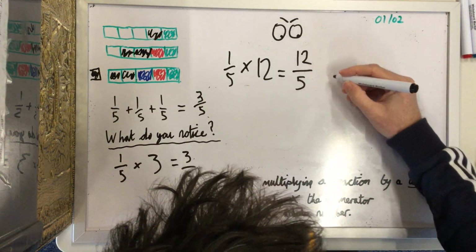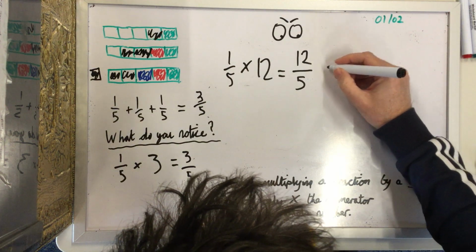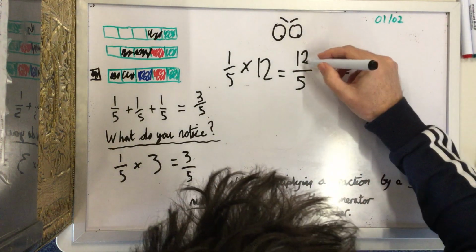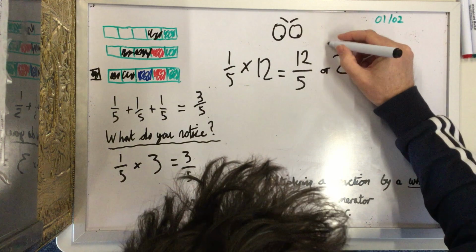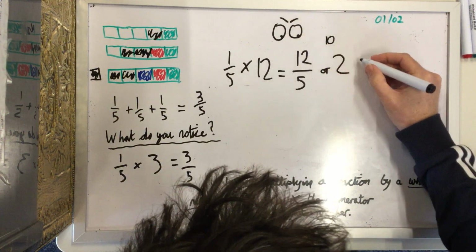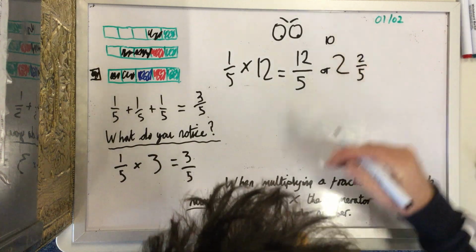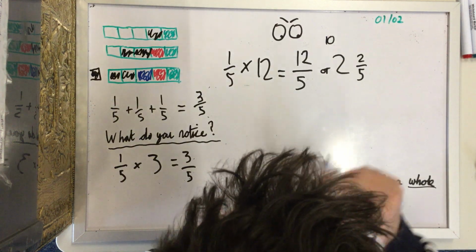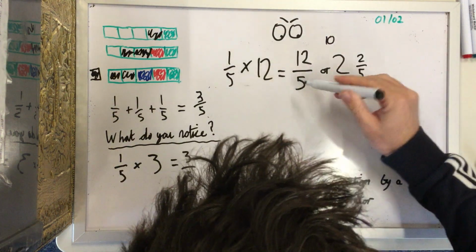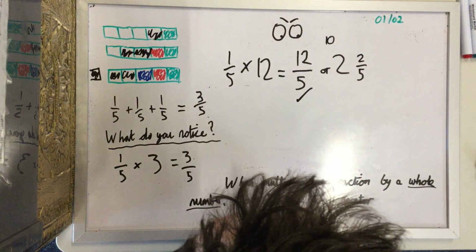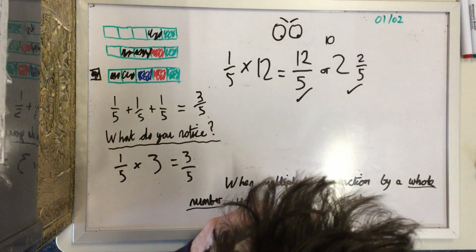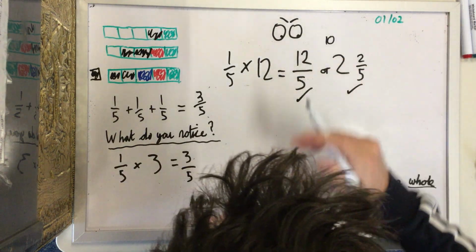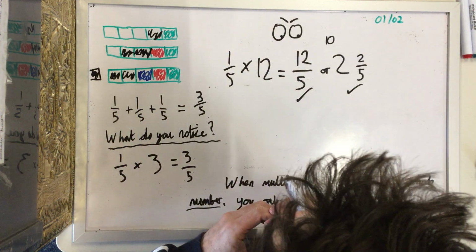And from that we know 5's go into 12 2 times. 2 times 5 is 10, so we add a remainder of 2. It's 2/5. But again, that goes a bit against last week, but at the moment, because we're doing this, 12/5 is correct. This would also be correct. The answers for this week are written like this, in improper fractions. Okay, good luck.